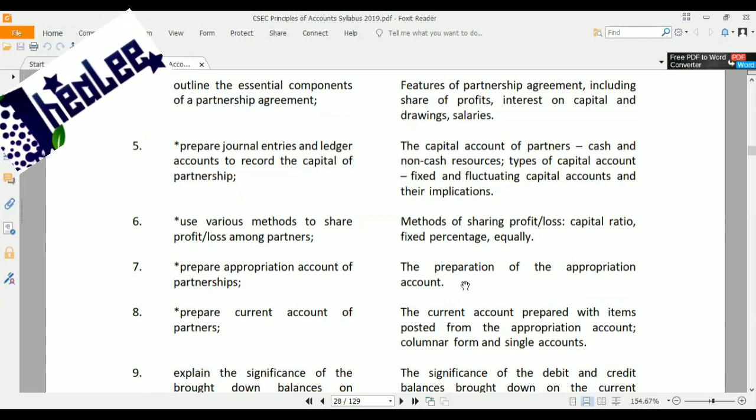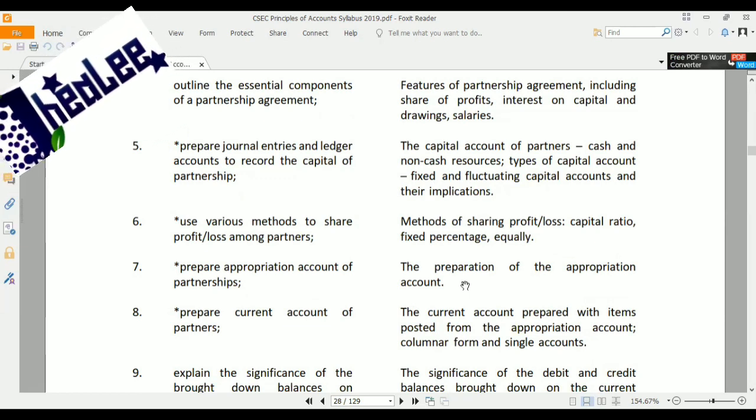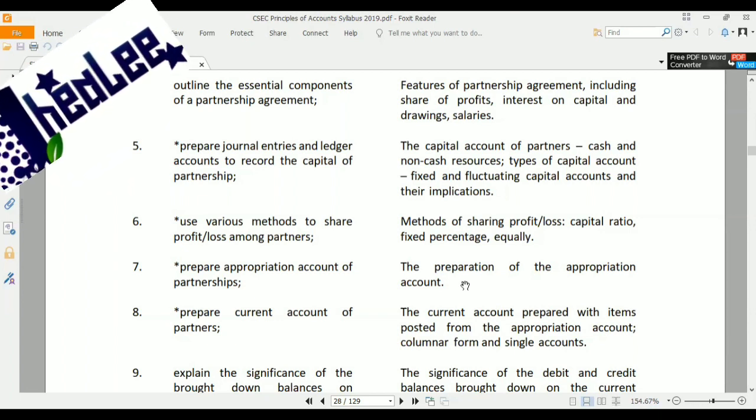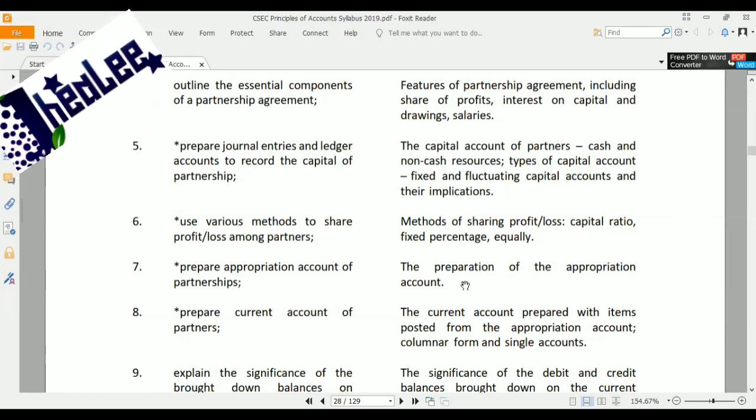So the salary and interest on capital would decrease the profit that is in the business, while the interest on drawings that is received from the partner would increase the profit. And then after calculating those, you would then proceed to share the profits and losses based on the information given in the question. So you need to know that.